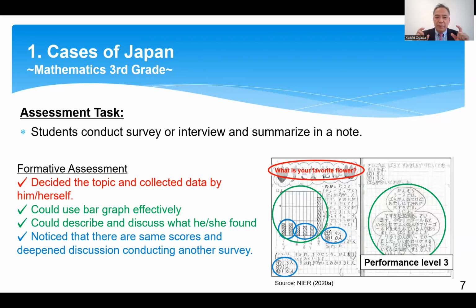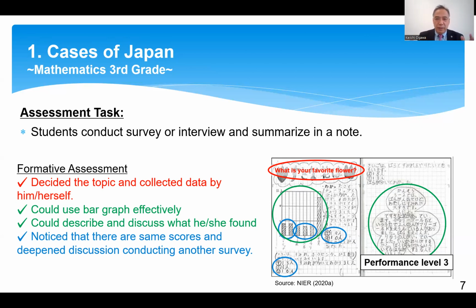So red part, if they can do it, fine. Then the green part: could use the bar graphs and could describe and discuss what he or she found. And the blue part is this assessment.